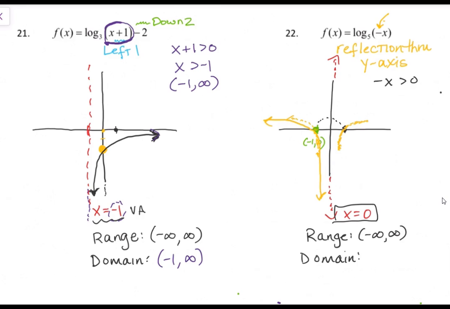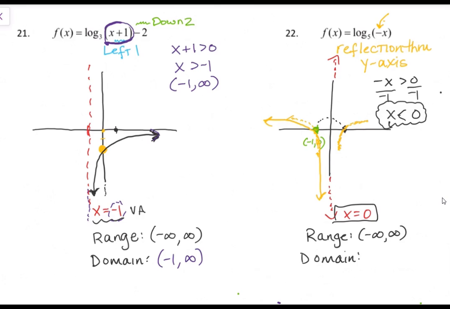To solve for x, think it through as getting rid of that -1 in front of the x and dividing by -1 on both sides, which would give me a positive x on the left, and I would keep 0 on the right. But remember the rule that anytime I divide by a negative number, that flips the inequality sign. So in inequality form, my domain is x has to be less than 0.